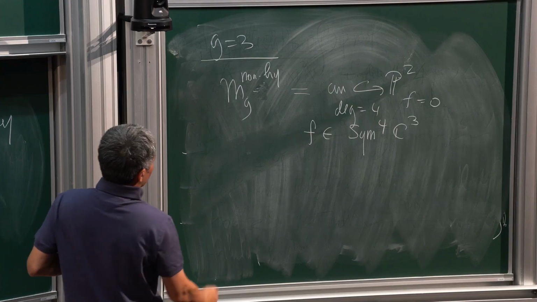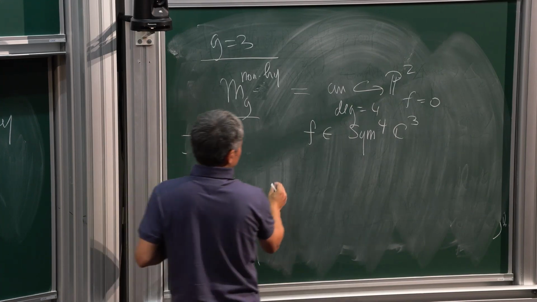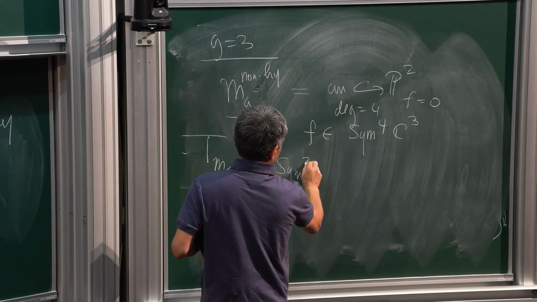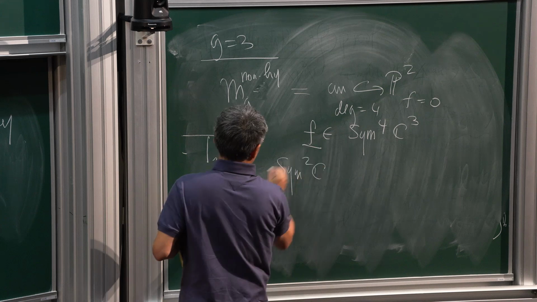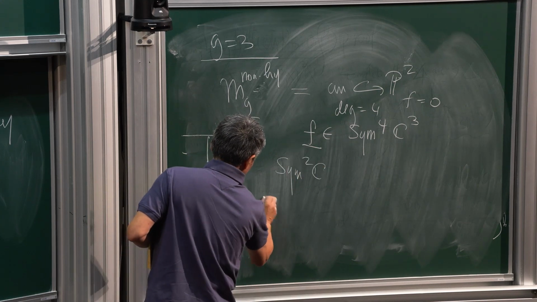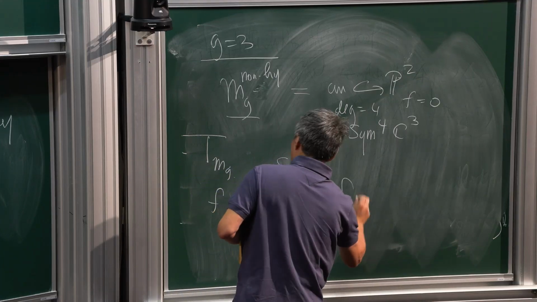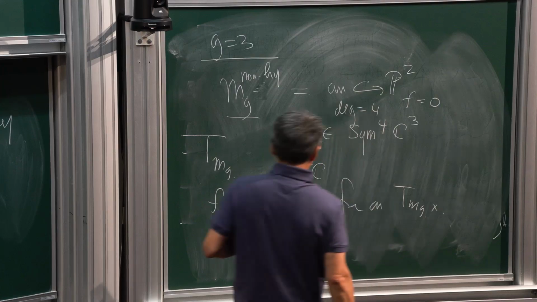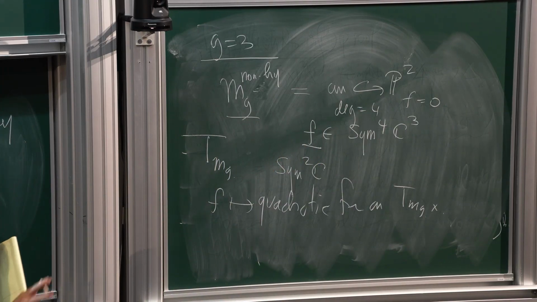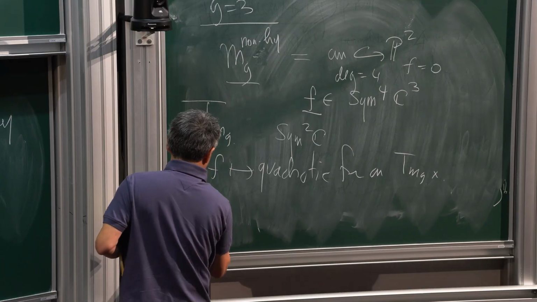The tangent space of the moduli space is a symmetric square, so each F induces a quadratic form on the tangent space, up to scaling.